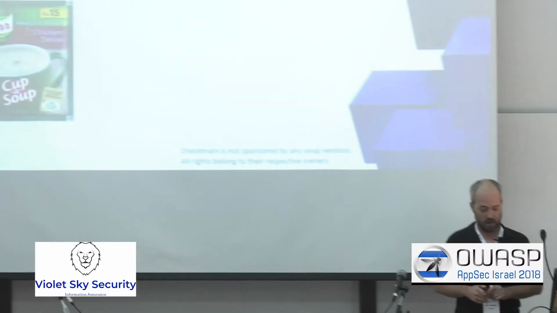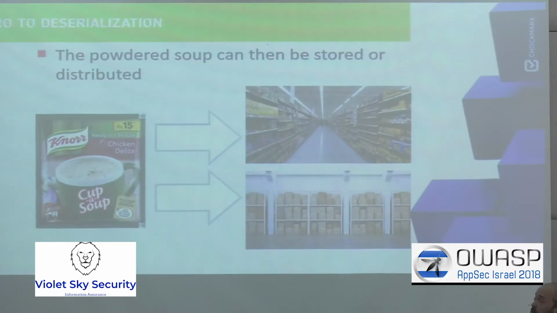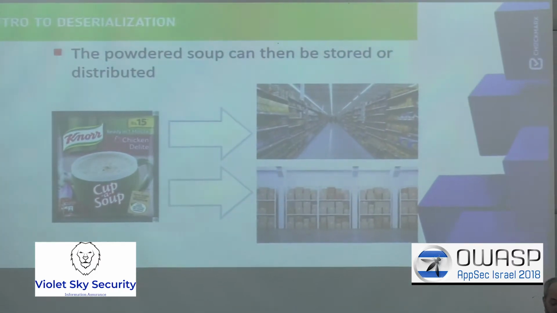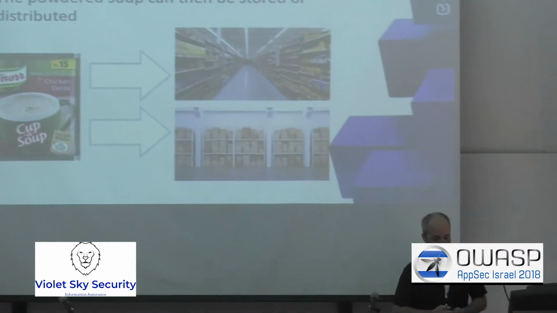You even put it in a bag. I don't have any soup sponsors for this talk, but if anybody wants to talk to me about that later. So you take the powdered soup, you can put it in a warehouse, you can put it in a supermarket for distribution, and you've pretty much transmitted your soup across the country. You want your soup back, you just add water.